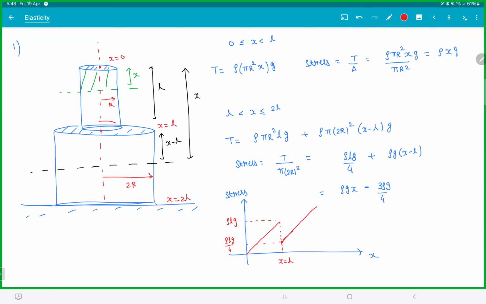If you see the interface here, suddenly the area goes from pi r square to 4 pi r square. The stress will suddenly drop to 1/4 even though the weight is the same. So what you have is a discontinuous function at x equal to L. And eventually you will reach this value here, which is 5 rho L g by 4. That's how the graph looks. So there's a sudden drop at x equal to L and then it increases.